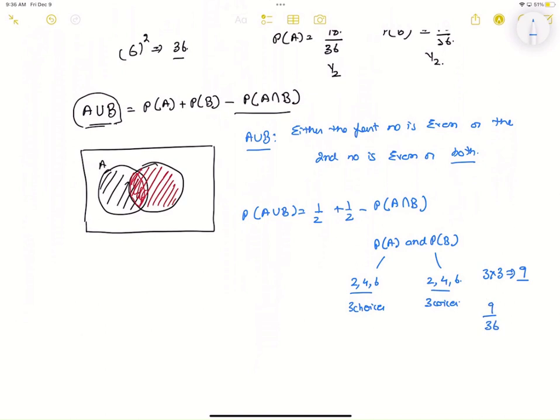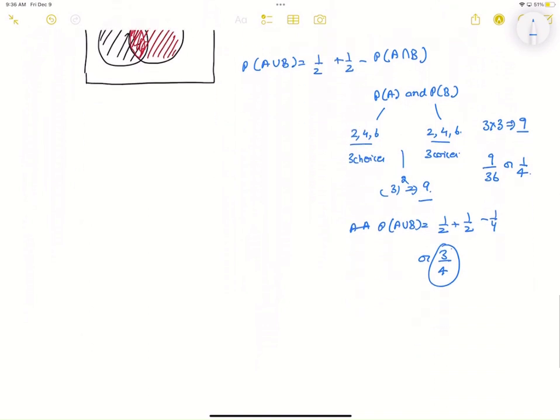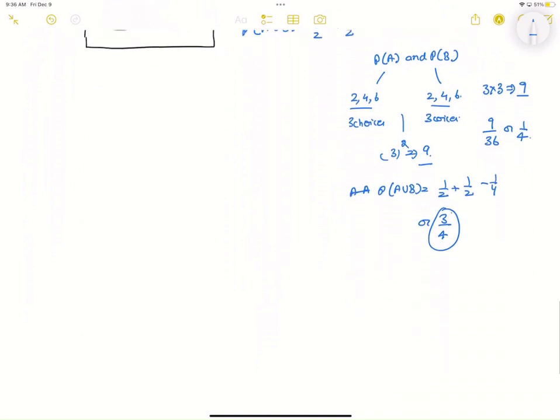So this is 9 out of 36, or 1 by 4. This is 3 times 3, equal to 9. So probability of A union B becomes 1 by 2 plus 1 by 2 minus 1 by 4, or 3 by 4.